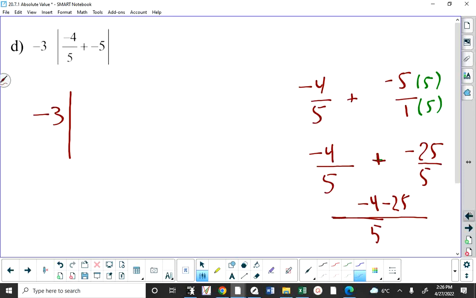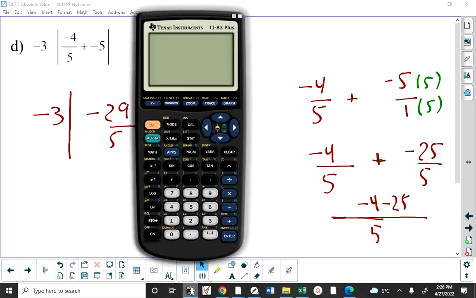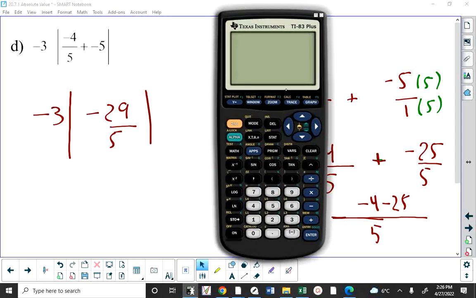And I know that you would much rather, because it's easy, and this isn't an insult, it's just a statement of fact, take -4 divided by 5 plus -5 and go math, enter, enter, then do the work.